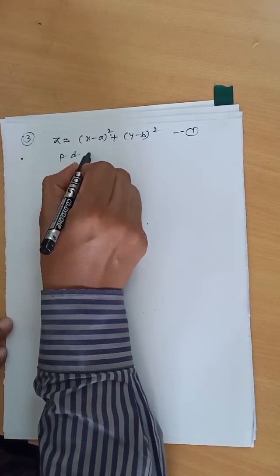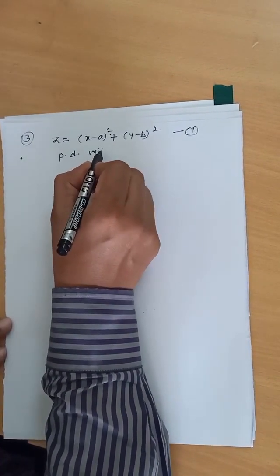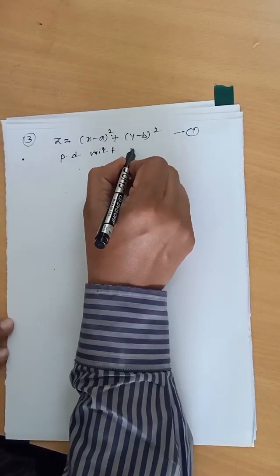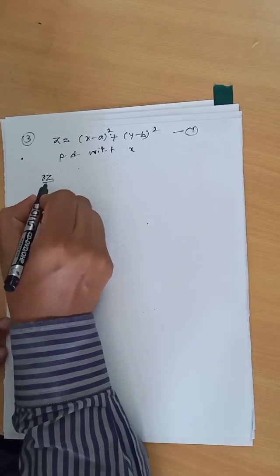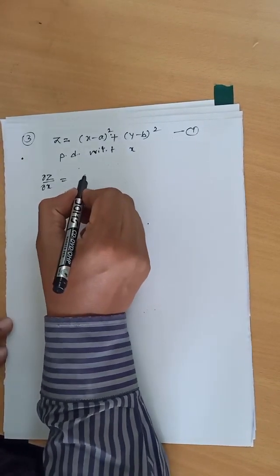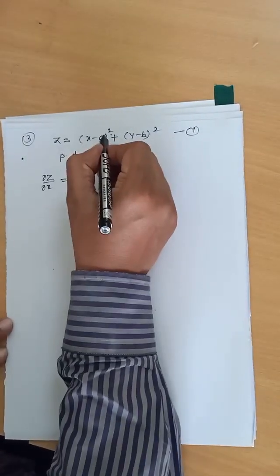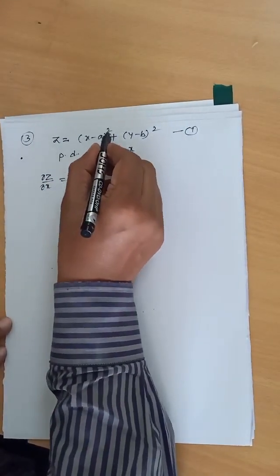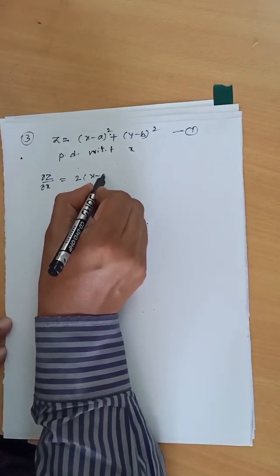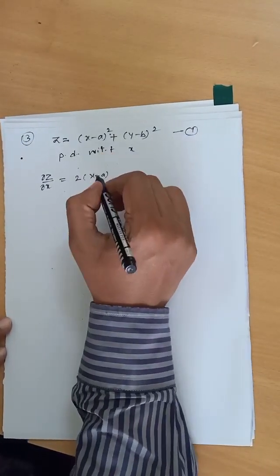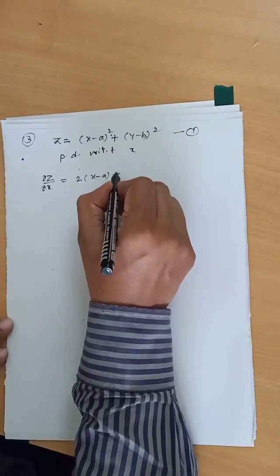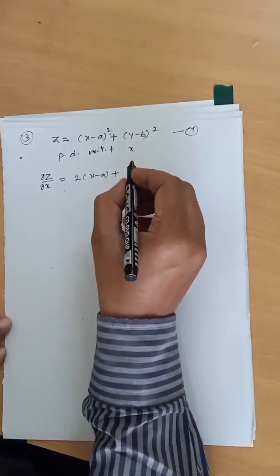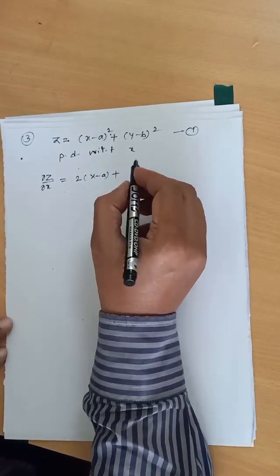Partial derivative with respect to x, that is dou z by dou x. With respect to x, this is purely the x term. The derivative of x minus a whole square is 2 into x minus a into 1. You are familiar with this. Plus, with respect to x, the other term has another variable which remains constant, so its derivative is 0.